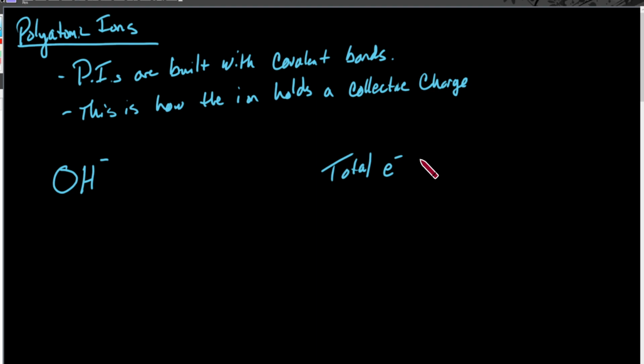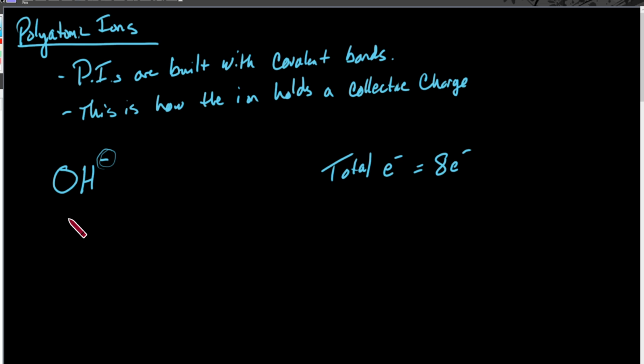Oxygen's going to have 6. Hydrogen has 1. But there's an extra electron, and that's how we get negative charges, right? So the total electrons is going to equal 8.